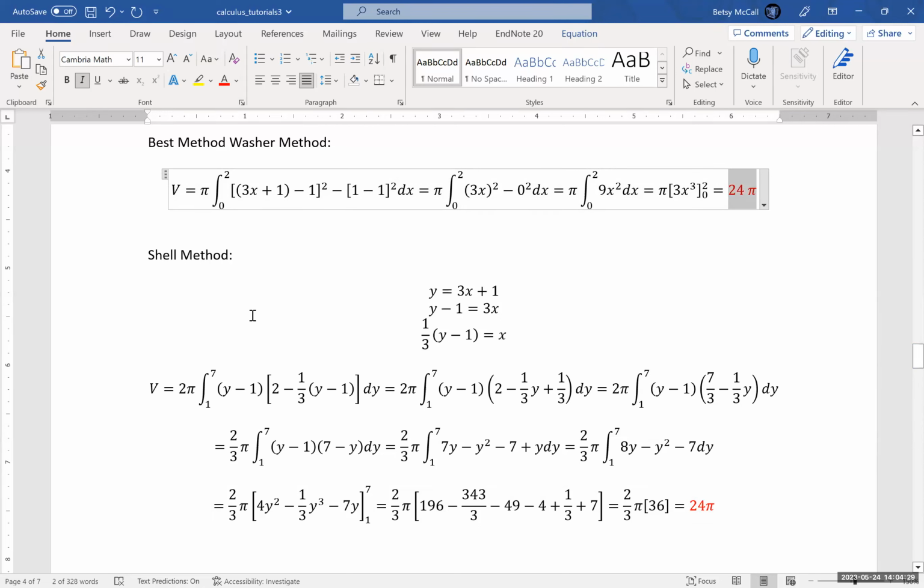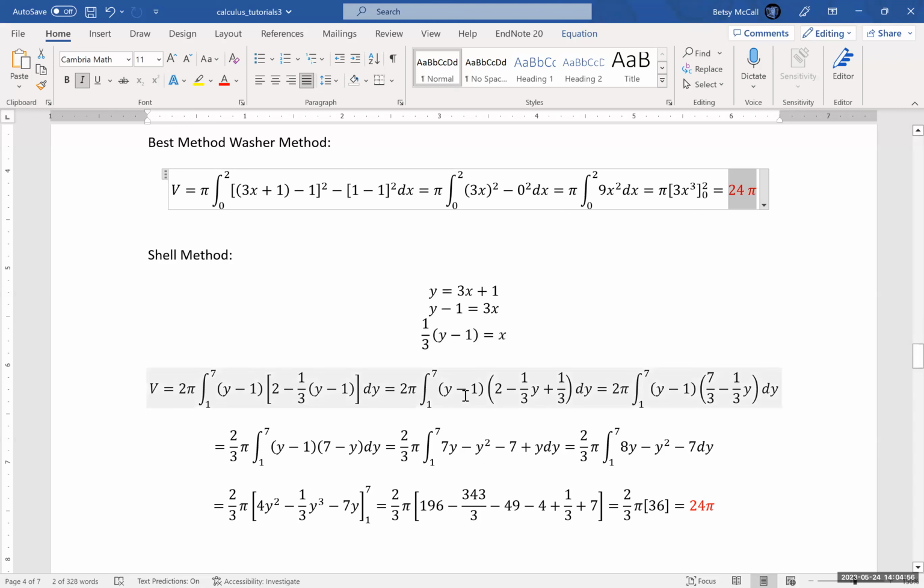Now, again, the purpose of doing it both ways partly is to confirm that, yes, we do get the same answer. But it's also by design. I'm doing this in order to illustrate not just the worked example portion and how things can get more complicated, but the fact that there is a better method. And the better of the two methods is, in this case, the washer method.